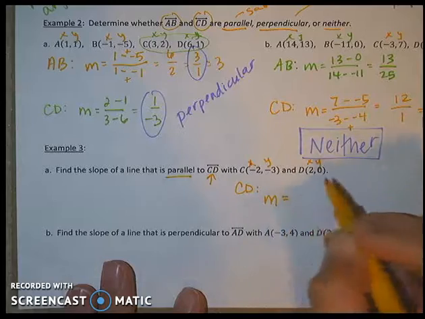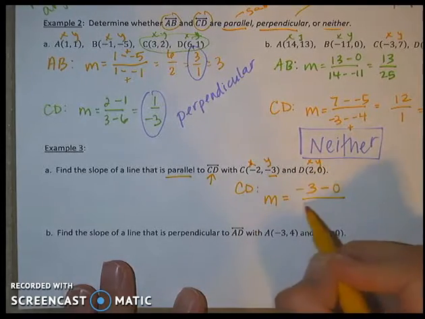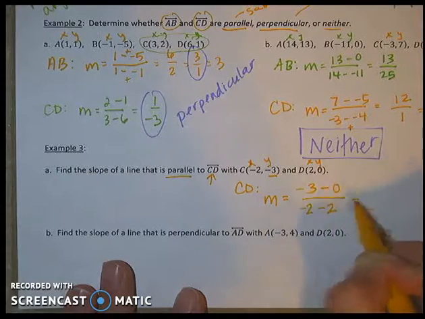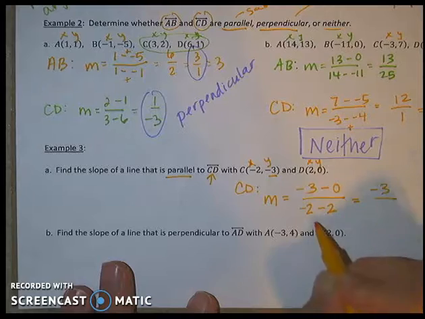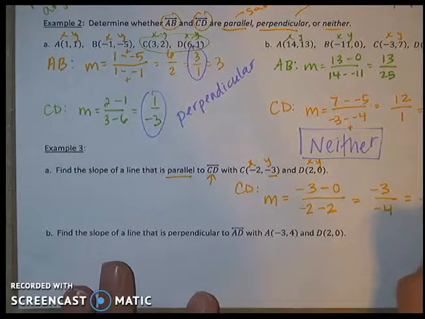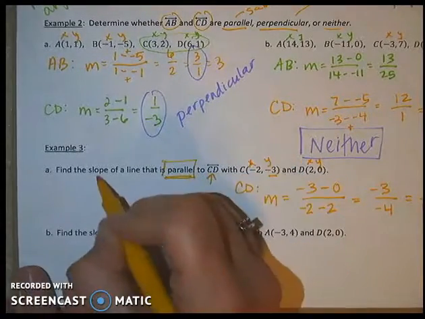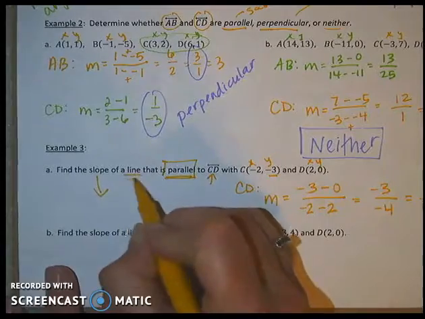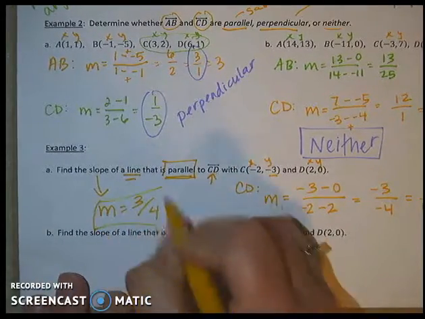So I'm going to find the slope: -3 minus 0 over -2 minus 2. -3 minus 0 is -3. -2 minus 2 is -4, so it gives me a slope of positive 3/4. Because this tells us parallel, any line that is parallel to that is going to have a slope of 3/4.